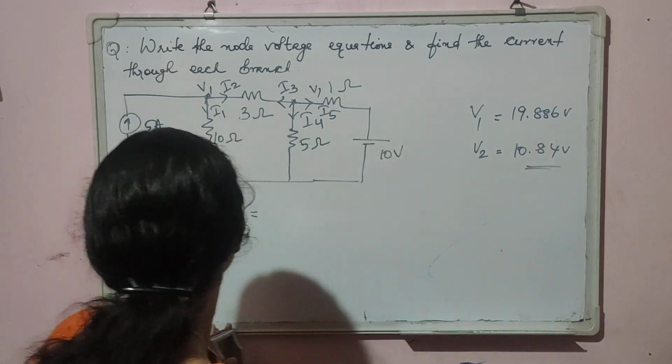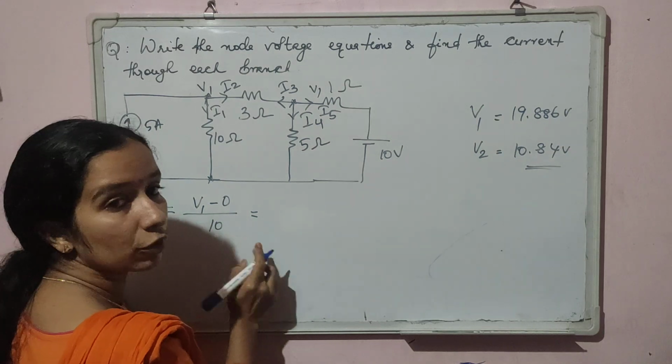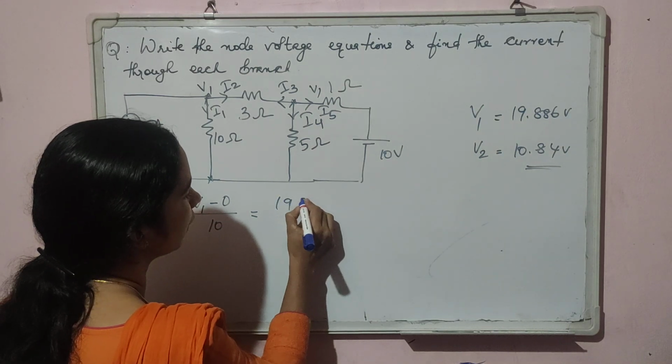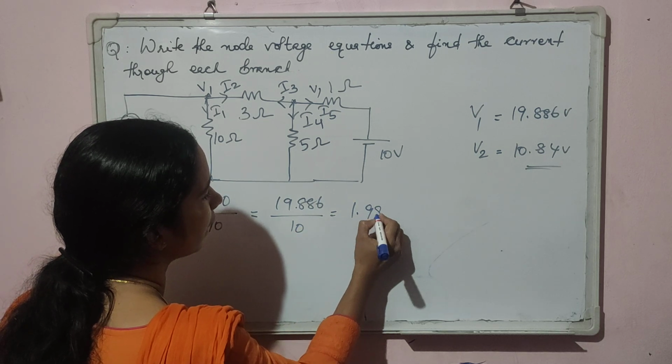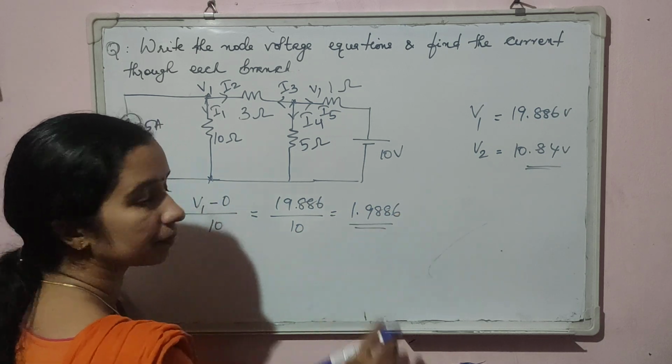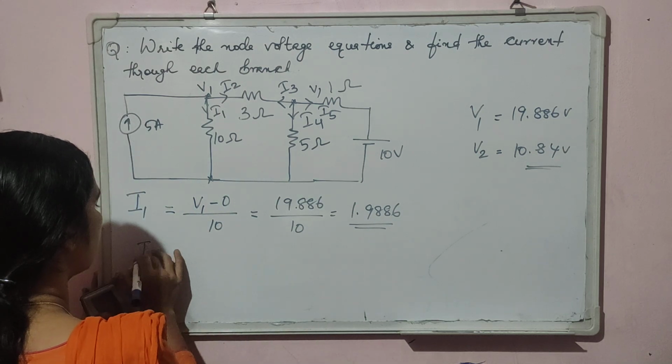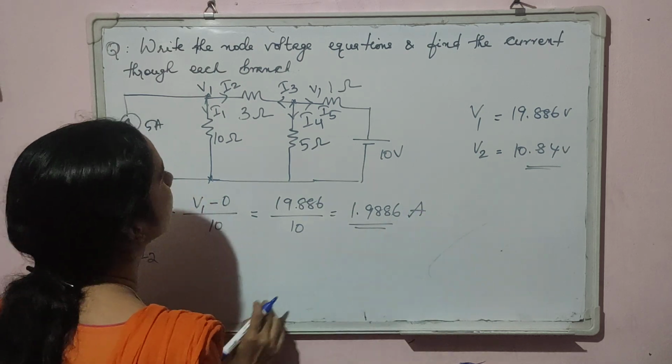Okay, so I1 will be V1 minus 0 by 10, that is 19.886 divided by 10, which is equal to 1.9886 ampere.